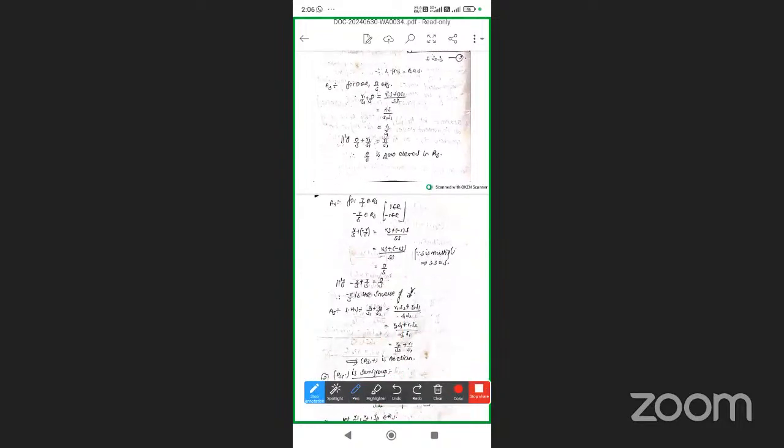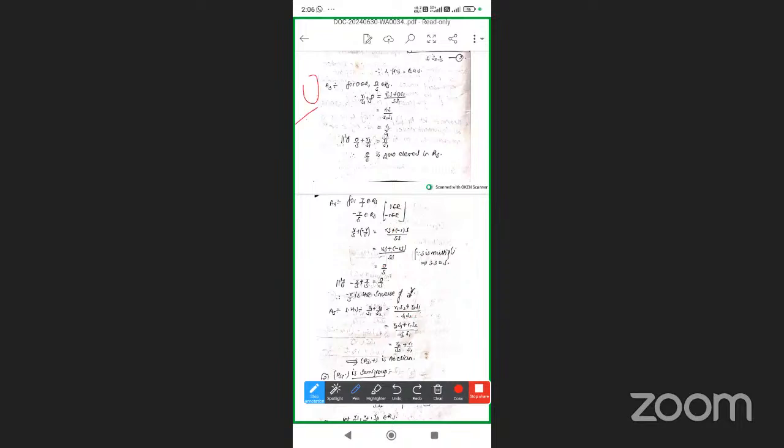Now for the zero: 0 by S belongs to RS. The identity element of the ring of fractions is 0 by S. So R1 by S1 plus 0 by S is equal to R1 S plus 0 into S1 by S S1, which is equal to R1 S by S S1, which is R1 by S1.